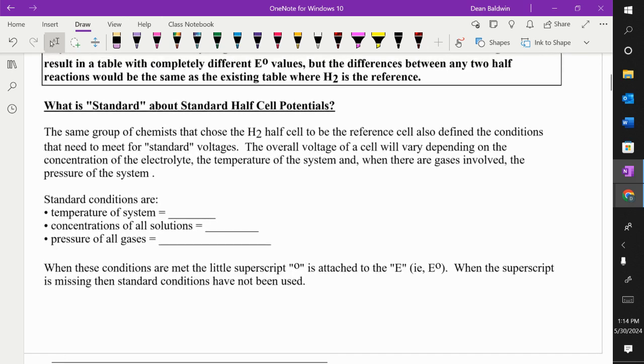So the concentration of the electrolyte, the temperature of the system. When you're talking about gases, which we'll talk about later on, what's the pressure of the gas, things like that. So this all ties back to Keq stuff that we did. But when we say standard, we have certain things that we have to meet. So the standard temperature of the system is 25 degrees.